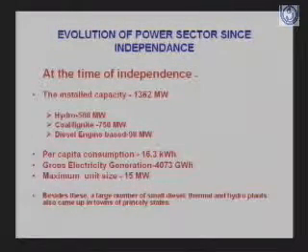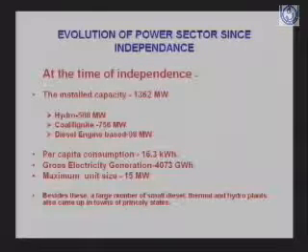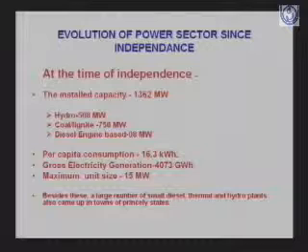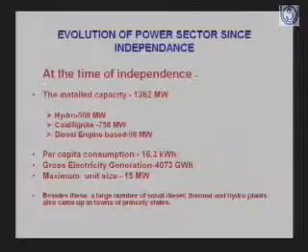You will be surprised to know that the total installed generation capacity in the country at the time of independence was only 1,362 megawatt. Imagine, with the present installed capacity exceeding 1,35,000 megawatt, the installed capacity at the time of independence was only 1,362 megawatt. The share of hydro was 508 megawatt.